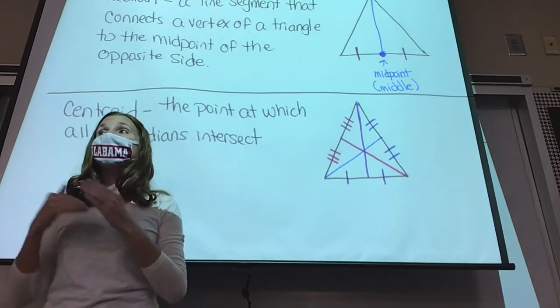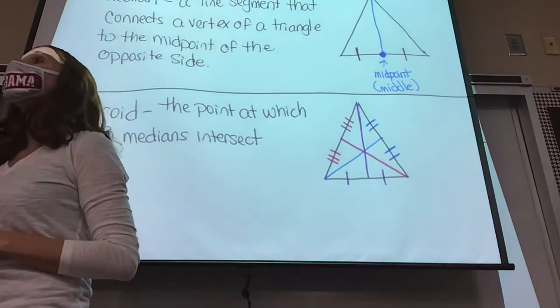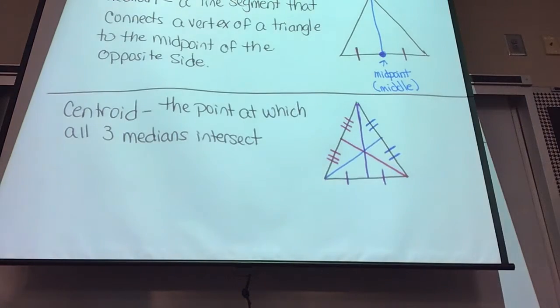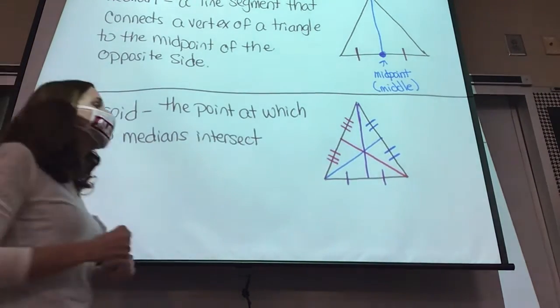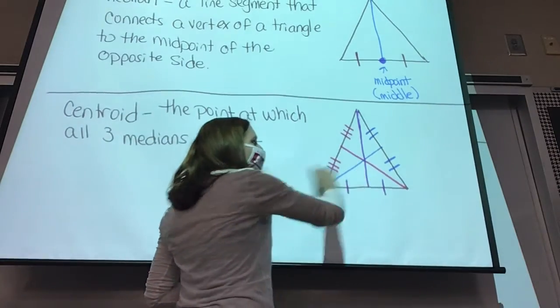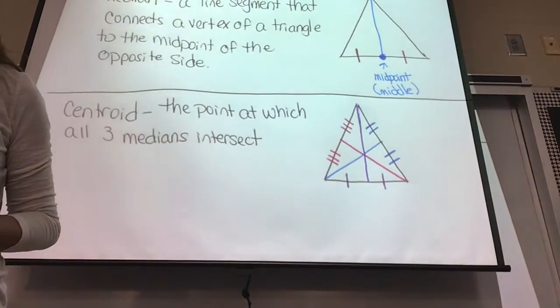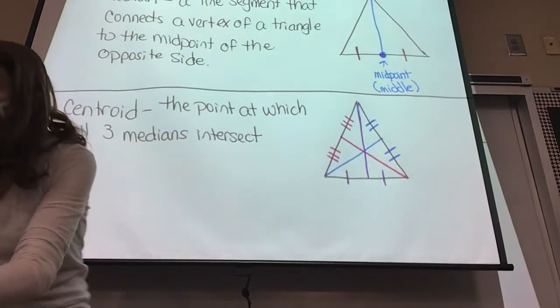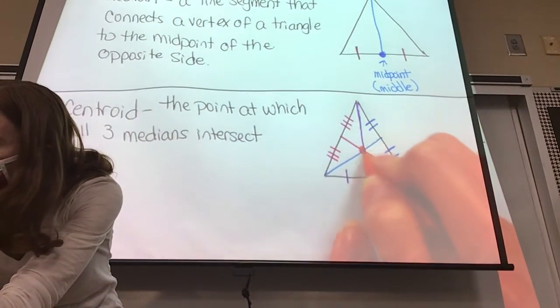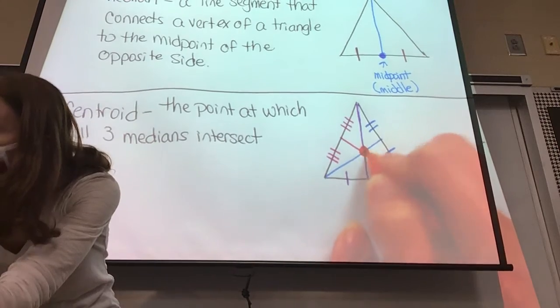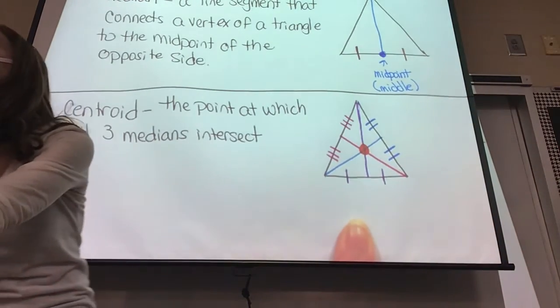Now, after we've drawn this, where did I tell you the centroid was? In the middle. It is the point where all 3 of these touch. So your centroid is right here. It is the center.